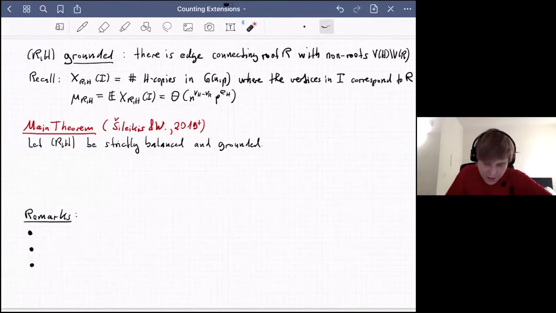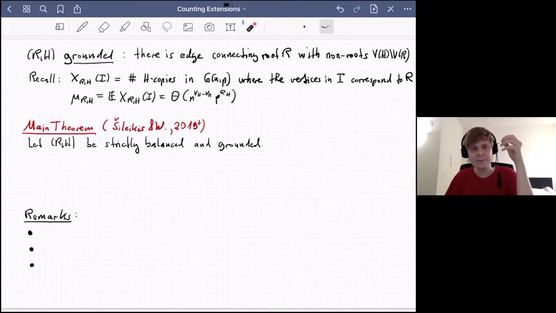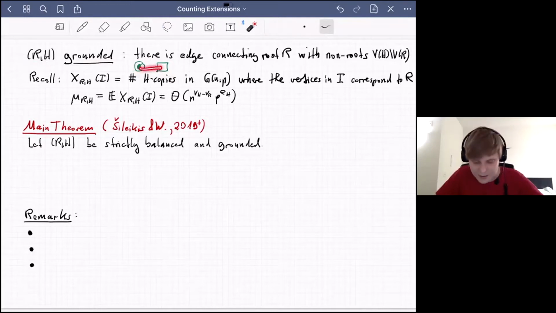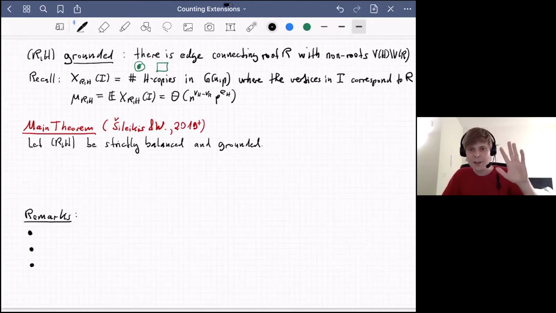Intuitively, it just excludes some degenerate cases. The graph is not grounded if you have a root, but there's no edge connecting the root with the remainder. If this is the root, and here you have some cycle, this would be a rooted graph in our sense. But I hope we all agree that this is a very degenerate situation where the root vertex is not connected with the remainder. That's degenerate, and as we'll also point out in a moment, the behavior there is different.